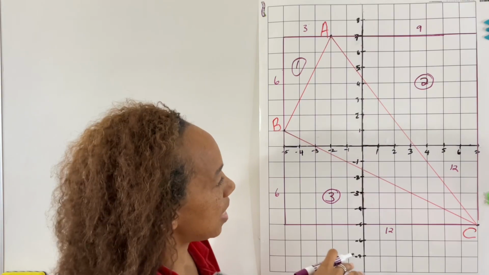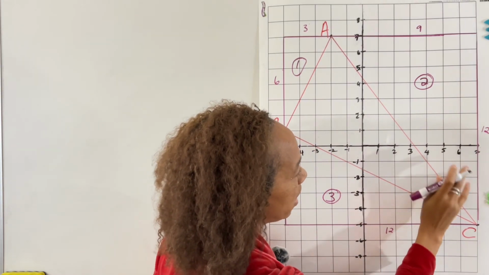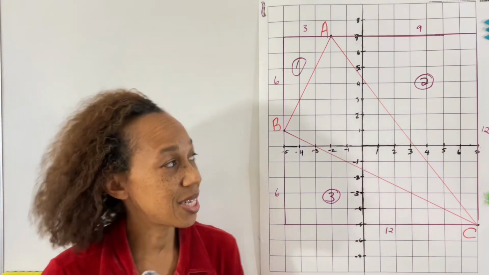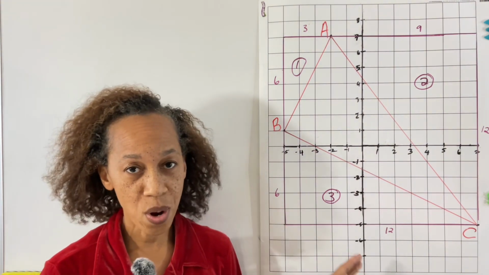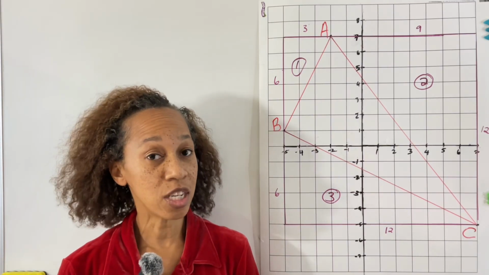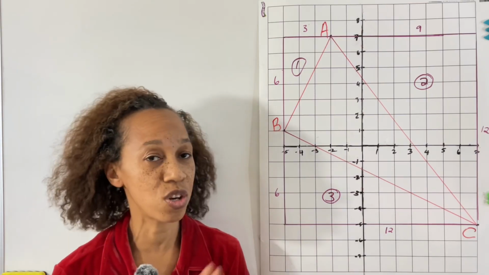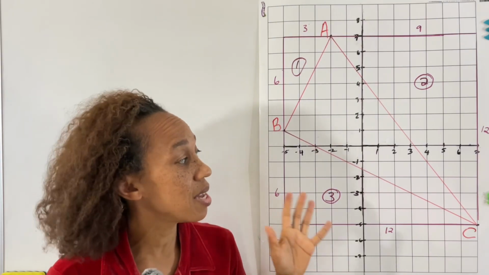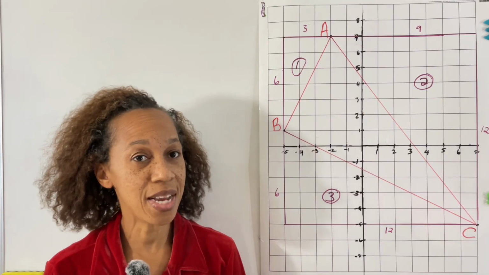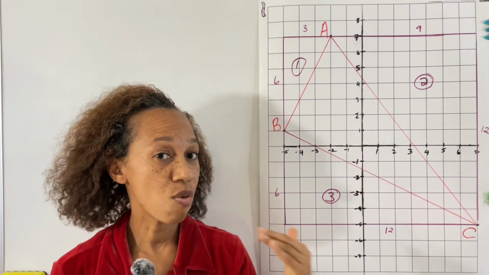You will notice now, because this is a 12 on the outside, so let's put it there. You will now notice that this is actually a square that is enclosing the triangle, and it is not a rectangle. In some instances, you might find that it is a rectangle that is going to enclose a triangle.